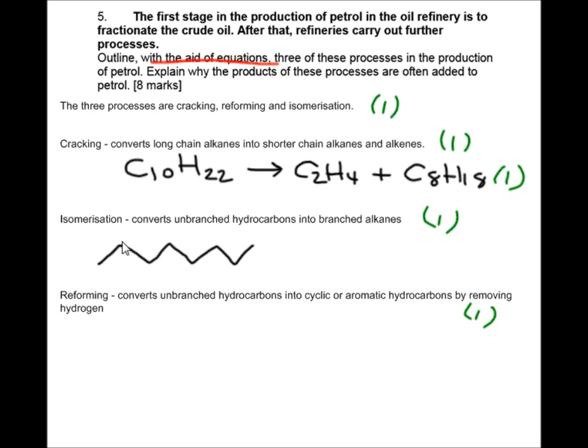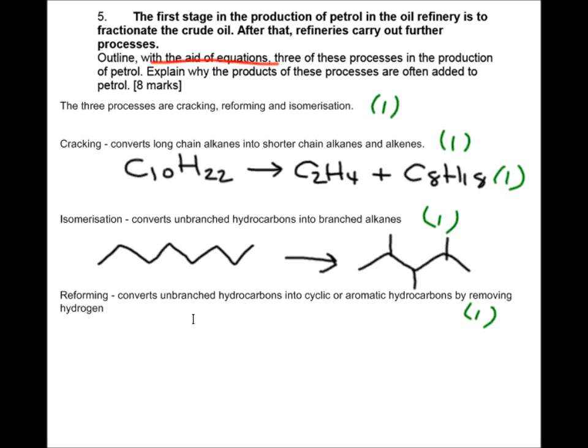So we've got octane, 1, 2, 3, 4, 5, 6, 7, 8, would undergo isomerization to give a branched isomer. And again, you could give any example for this as long as you've shown that you've converted an unbranched hydrocarbon into a branched alkane. And as you can see, 8 carbons and 8 carbons. We've not lost any carbons.